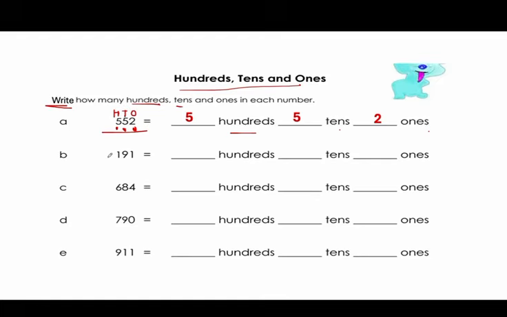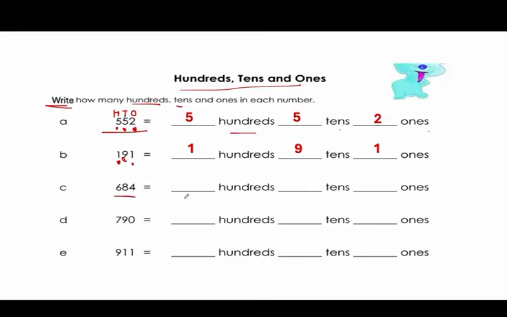Now, let's look at the second number, 191. Again, what are we going to do? HTO. Who can tell me how many hundreds? Excellent, 1. How many tens? 9 tens. Excellent. How many ones? 1. Okay.